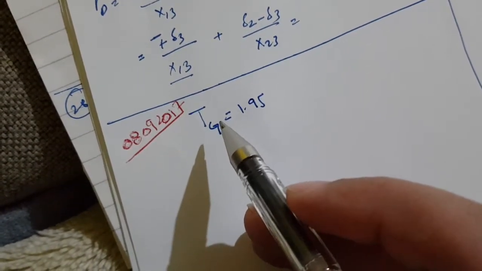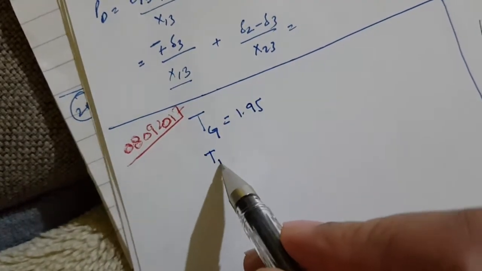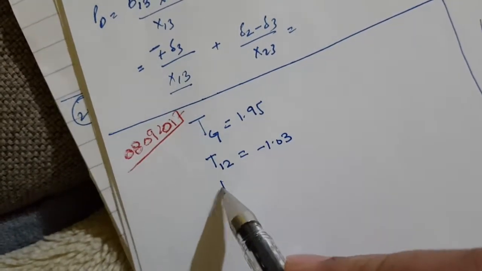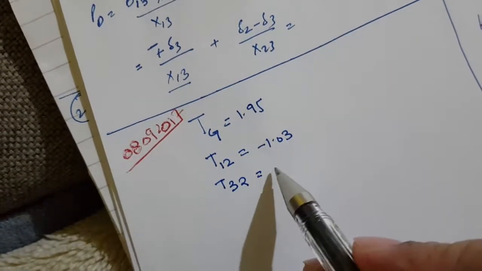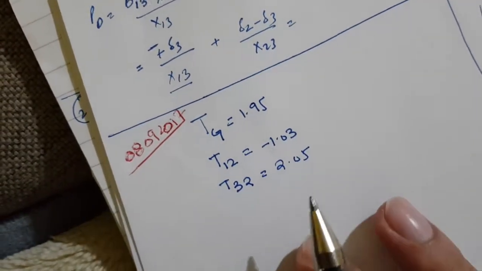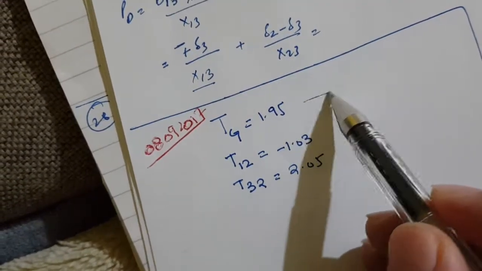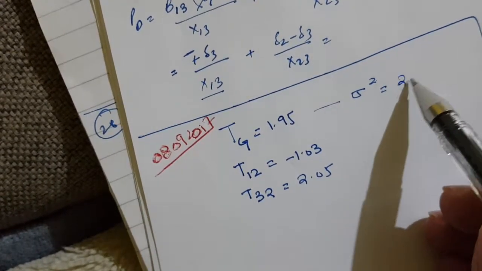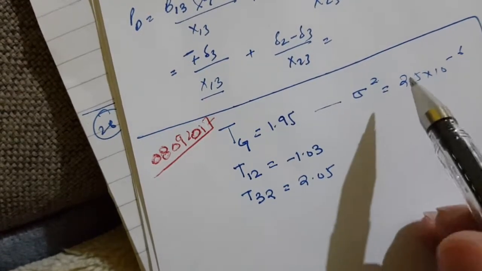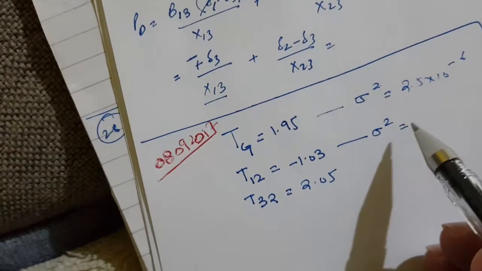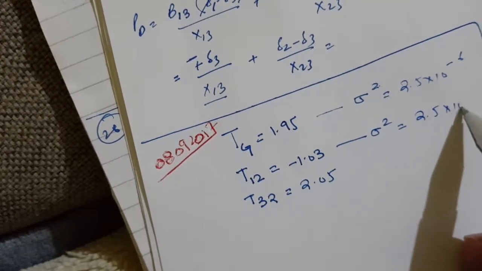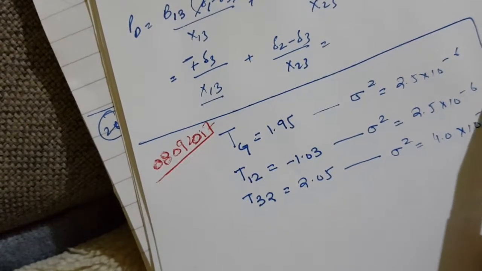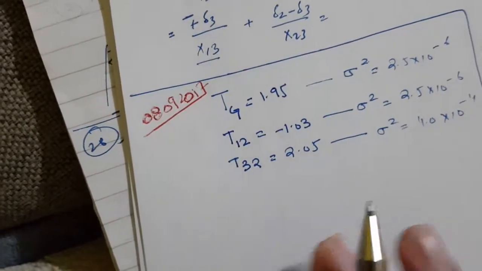Okay, power flow on transmission line T1 to 2 and T3 to 2, this is the given data and the respective alpha square values. Okay, and the reactance of the line is also given.